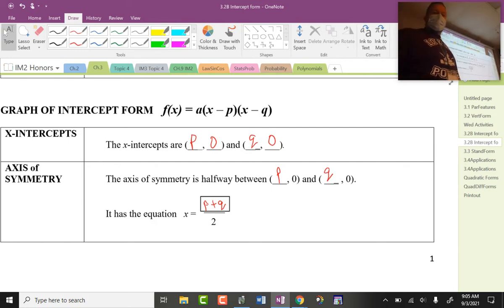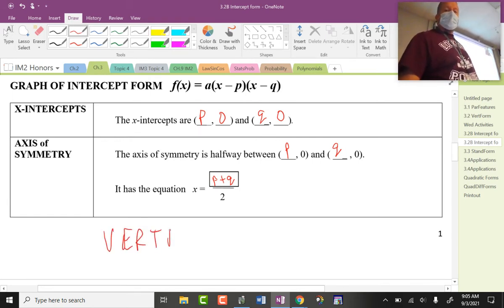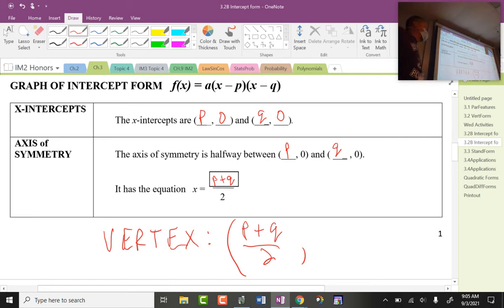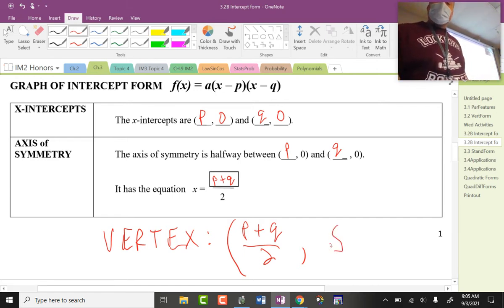And then I'm going to take it a step further and give you some function notation. Vertex. By the way, when I say input, you say... So the vertex's x value, of course, is whatever the average of the two x-coordinates of the intercepts are. Okay? That's an x value. How do I find a y? When I say input, you say, you input this into the function and get the output.